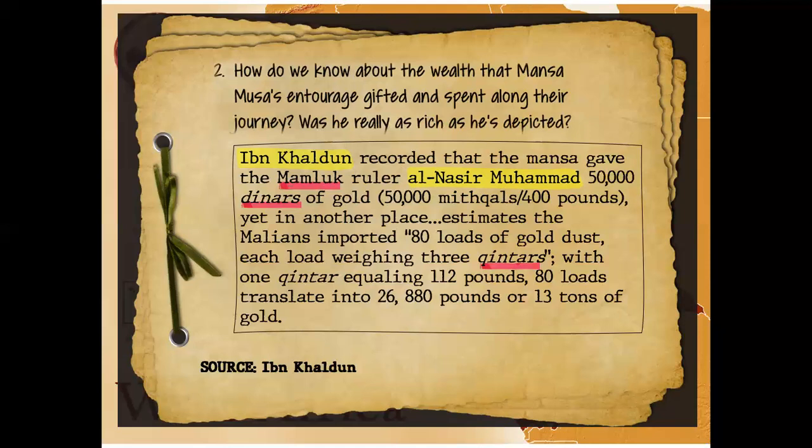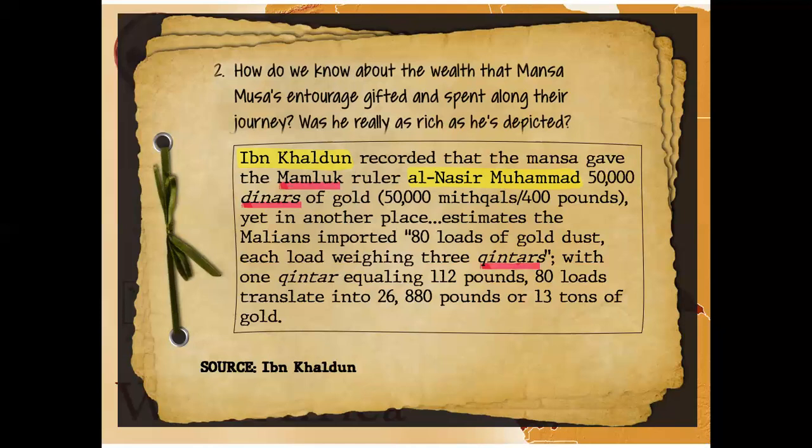The next piece of information we get says that the Malians imported 80 loads of gold dust, which each weighed 3 quintars. Right off the bat, we should be saying to ourselves, we have no idea what a quintar is, but the next piece of the sentence clarifies that for us, right?